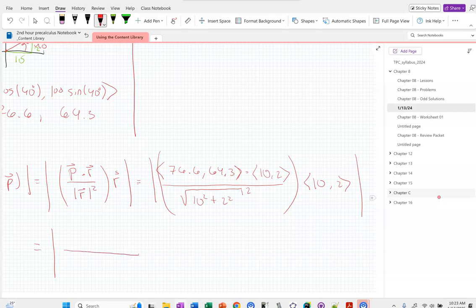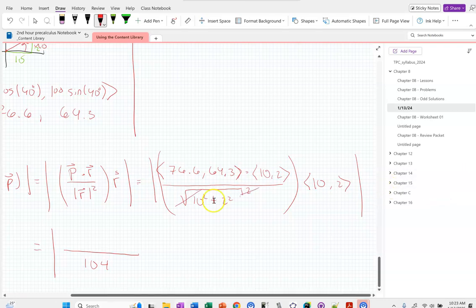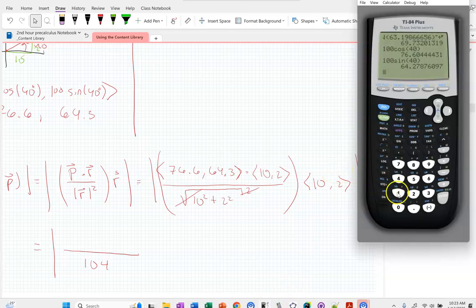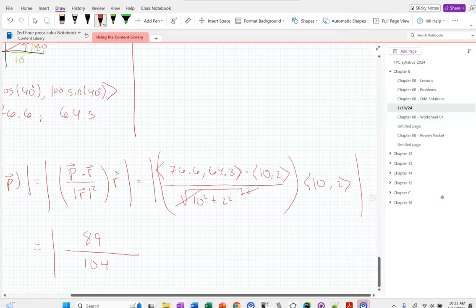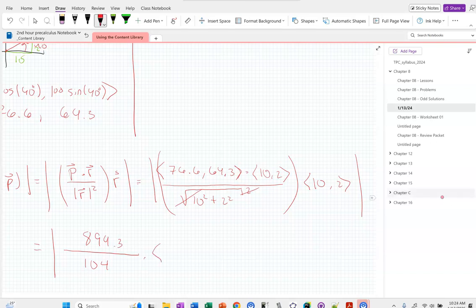All right, 10 squared is 100, 2 squared is 4, so the bottom is 104. The square root and the squared cancel each other out. And then we have 10 times 76.6 plus 2 times 64.3. So that's 894.6. I have that times the vector 10, 2.